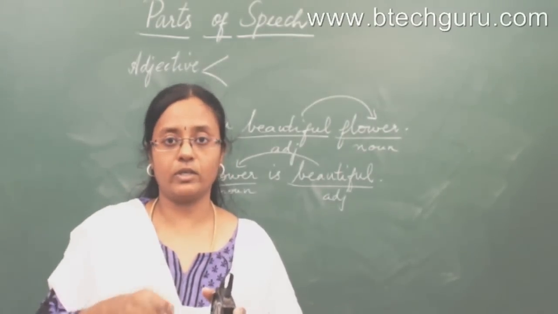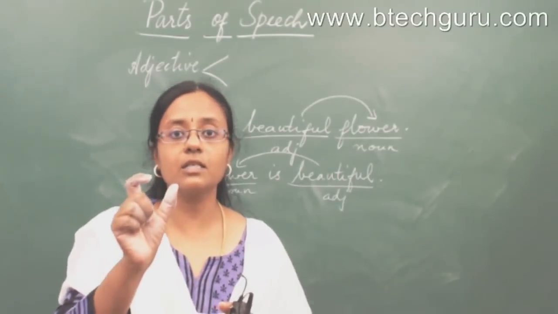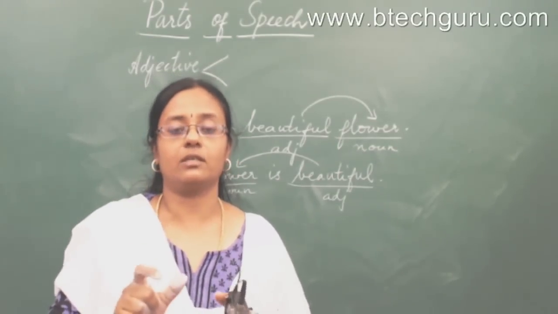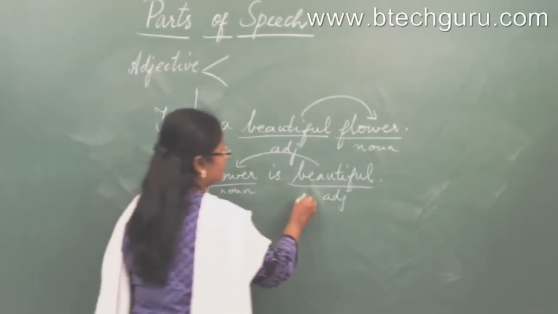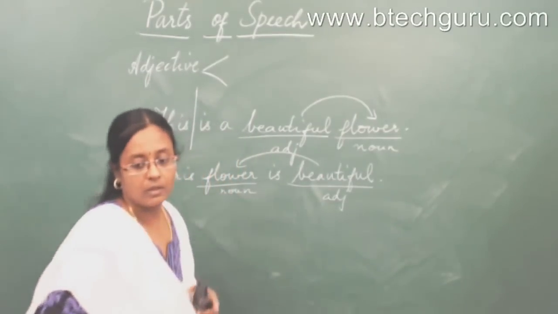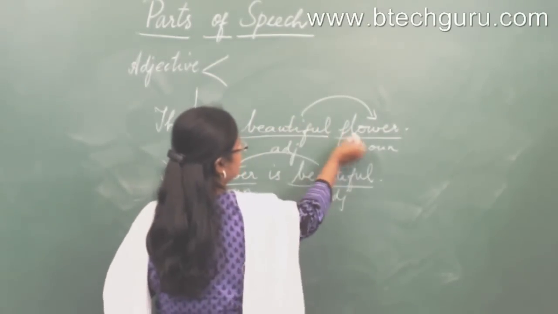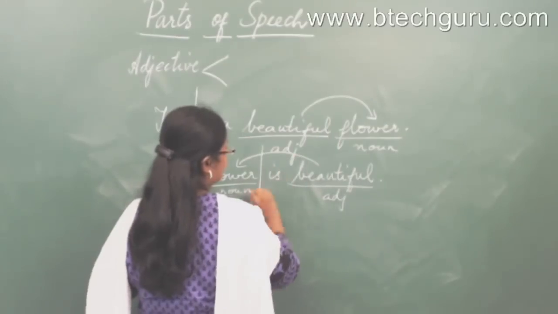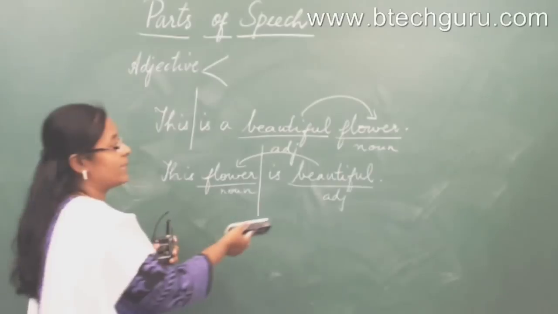You should ask the question, what does the sentence talk about? The answer to that question is the subject. Now, here this word is used attributively with a noun. This is found in the predicate part of the sentence. So we say this adjective is used predicatively.